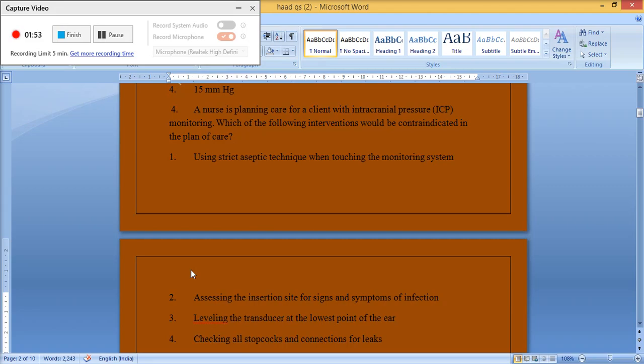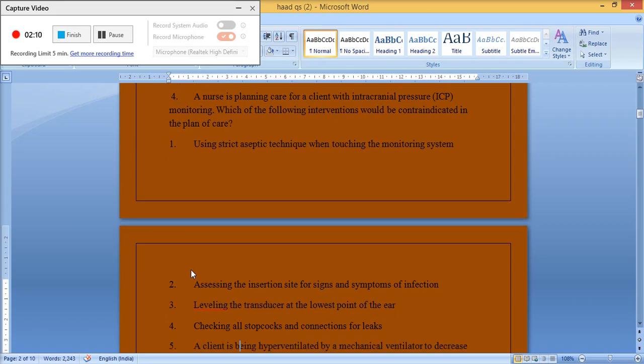Assessing the incision site for signs and symptoms of infection. 3. Leveling the transducer at the lowest point of the ear. 4. Checking all stopcocks and connections for leaks. The correct answer is 4. Checking all stopcocks and connections for leaks.